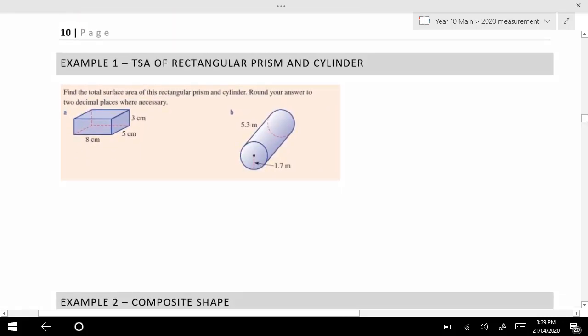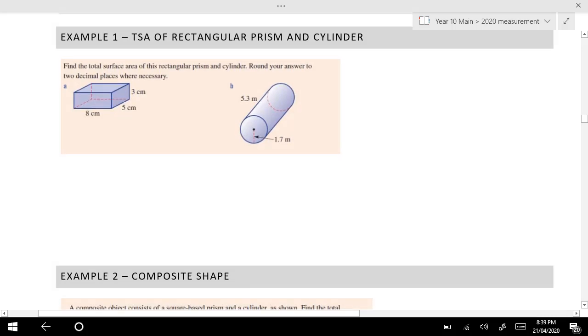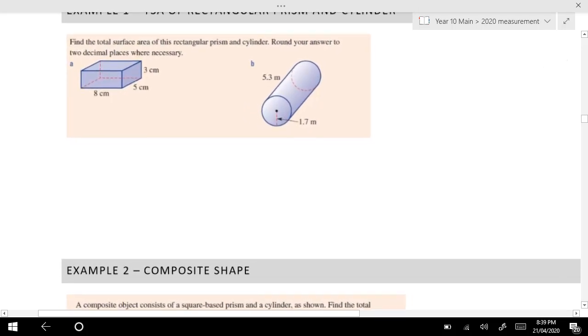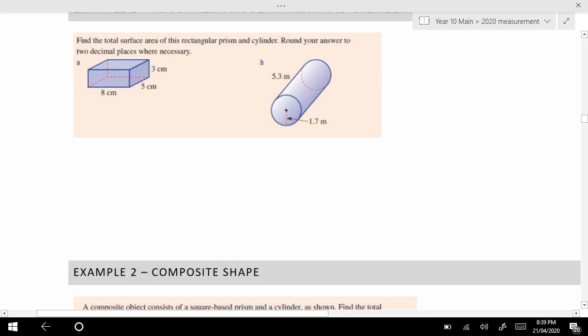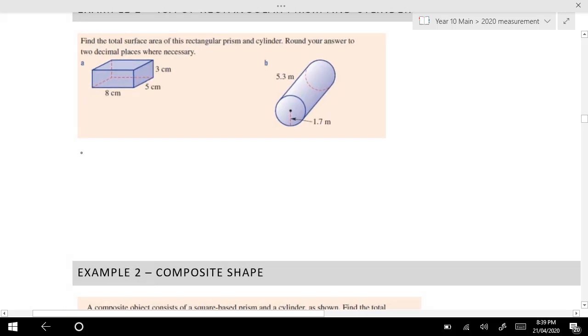All right, so let's go through these examples here. Find the total surface area of this rectangular prism and this cylinder. First of all, when we're setting these out, try to set it out in as few lines as possible, but without skipping any clear steps. So the total surface area is equal to, well, first of all, you can see here that we've got 2 pairs of those sides.